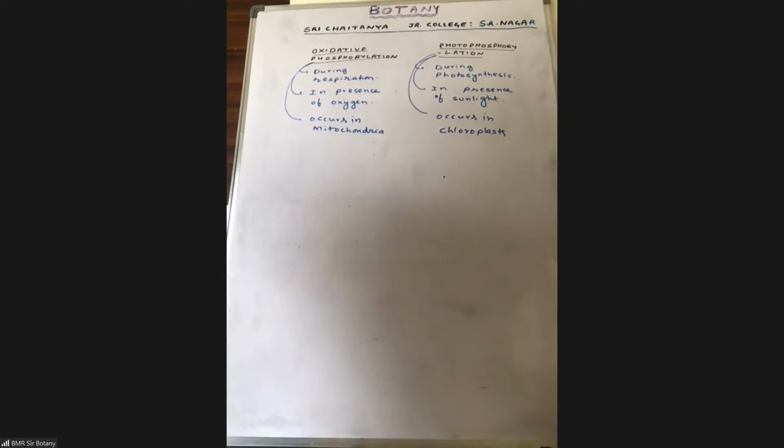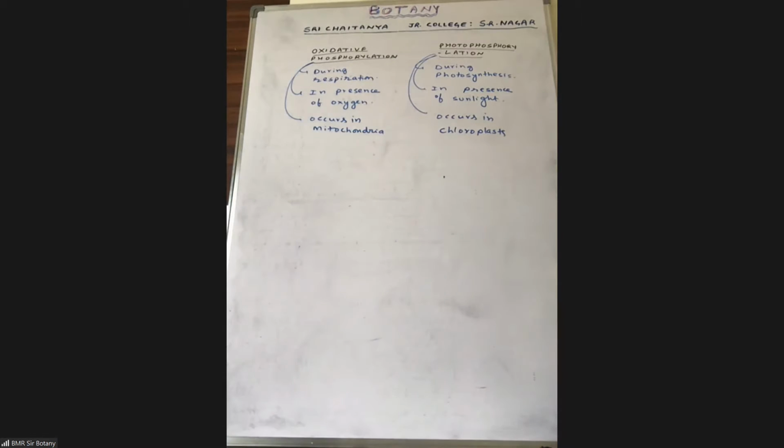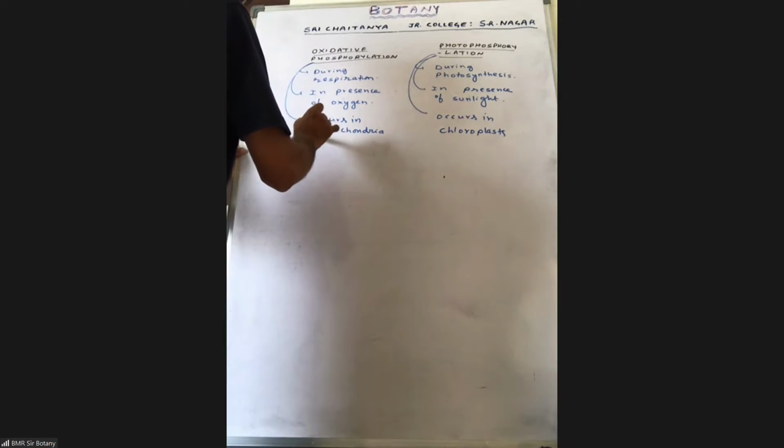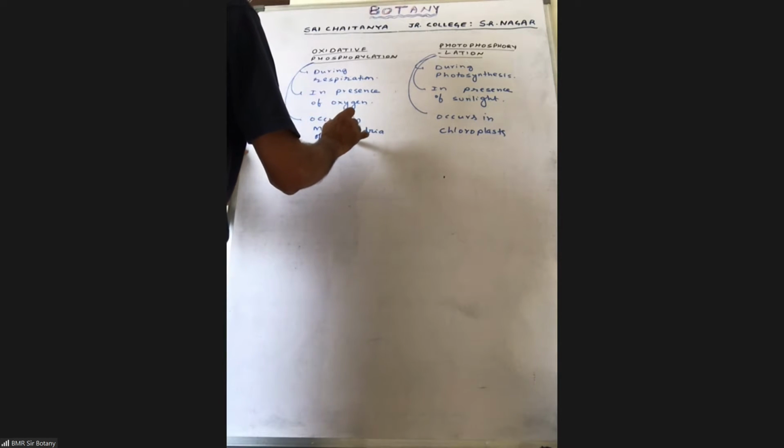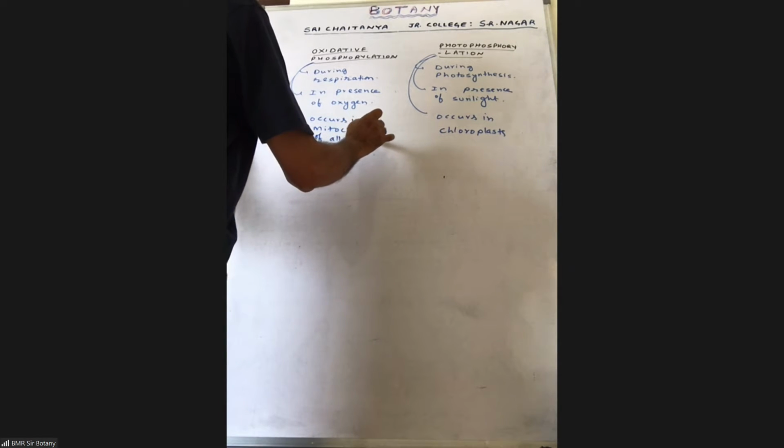Occurs in chloroplast. Occurs in mitochondria, of, you can say, all living eukaryotic cells.